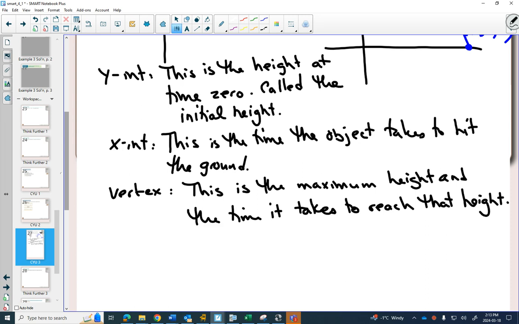So we knew that it was 5.1 seconds to reach that maximum height of 137.